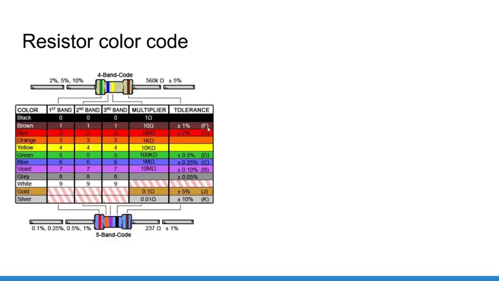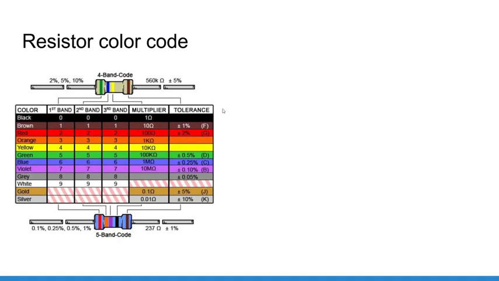And the fourth band is the tolerance, basically how much the real value can deviate from the one you have read. You will usually see brown, gold, or silver for respectively 1%, 5%, and 10% tolerance. Actually, you don't really need to care about this last band. Most of the circuits you will make don't need precise resistor values.